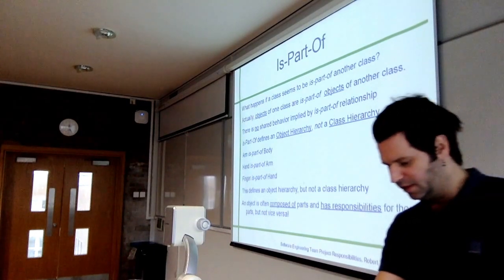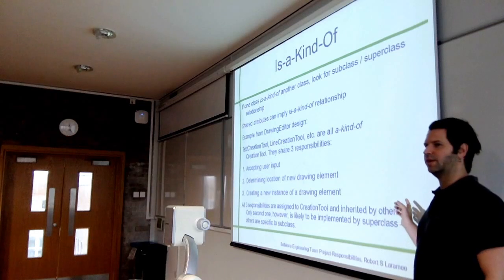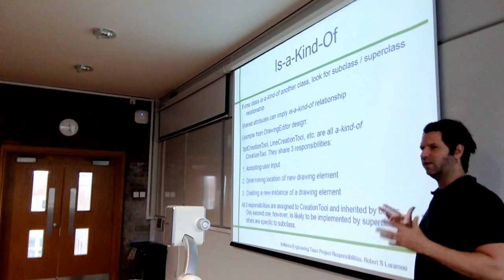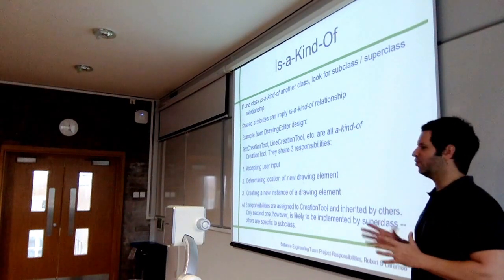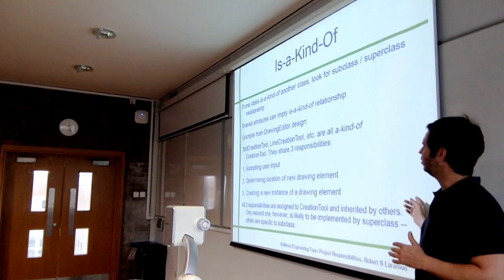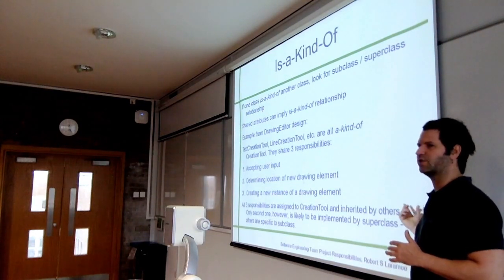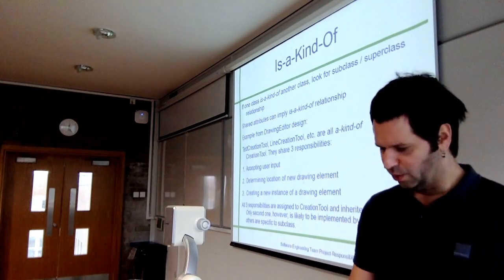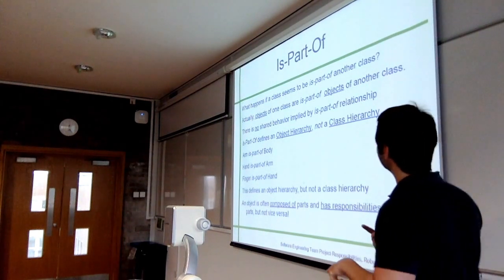Now, I think this is the relationship that everybody understands, at least in my experience. When people develop their software and create relationships between classes, they usually use this relationship and they usually understand it. What people usually don't understand is this one, and they get the two confused.